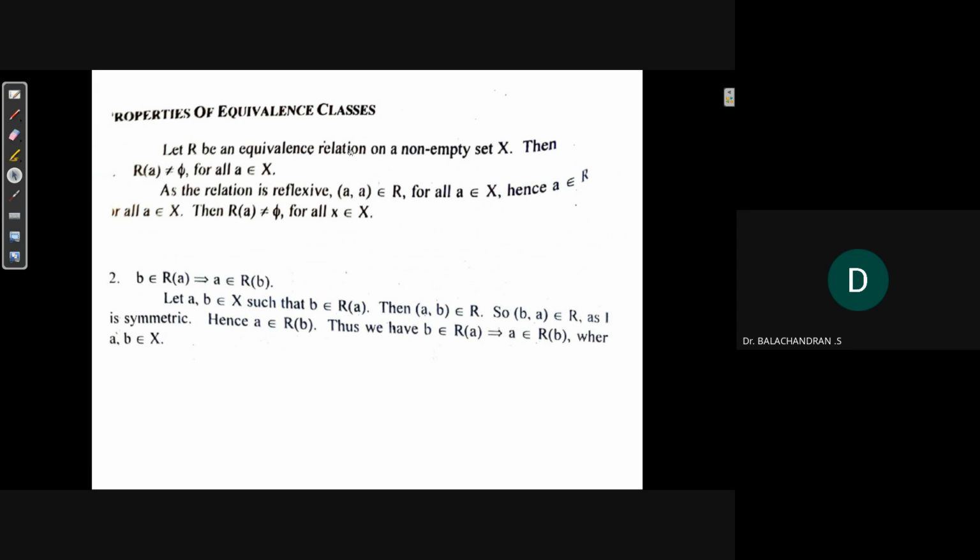Next, properties of equivalence classes. Let R be an equivalence relation on a non-empty set capital X, then R of A is not equal to empty, for all A belongs to capital X. So why is R of A not equal to empty? The reason is this is an equivalence relation and hence it is reflexive. So (A, A) belongs to R for all A in X. You know that.